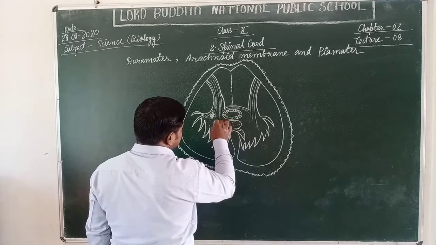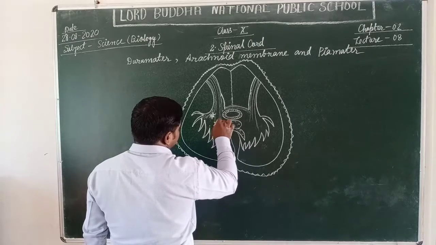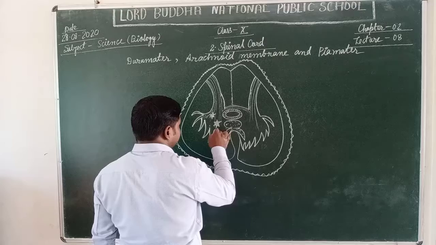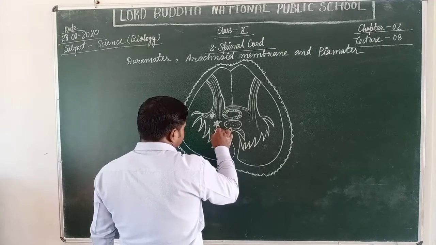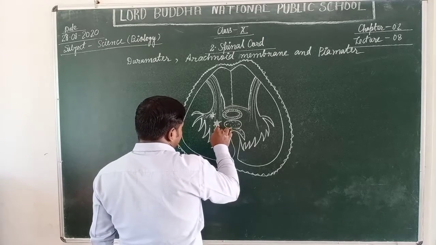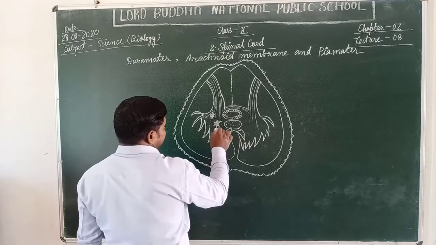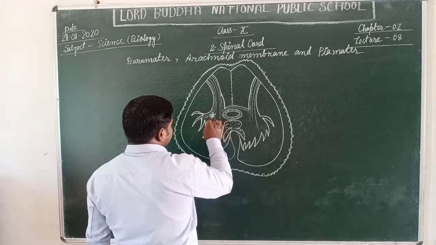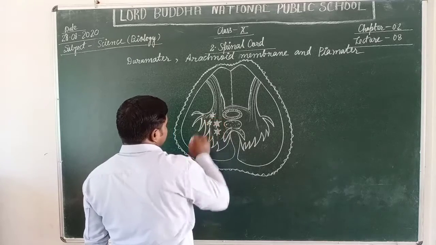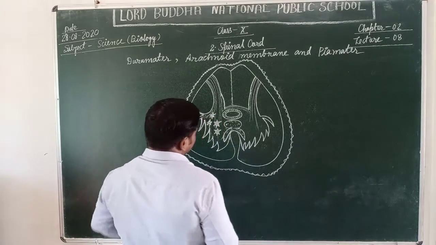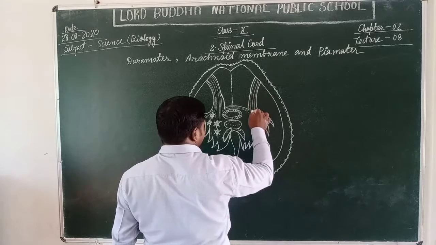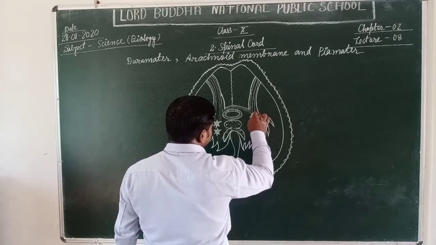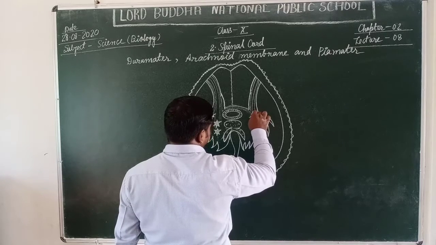These star-shaped structures are the representation of the nerve cells or neurons. In the dorsal and ventral horn, a grey colored matter is present, that is also called grey matter. Yes students, in the brain we studied that the grey matter is present outside, but in the spinal cord it is just the opposite.